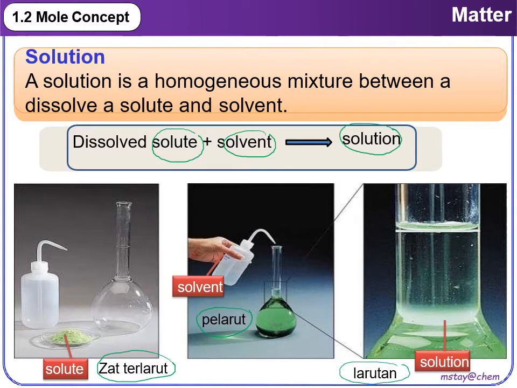For example, the Milo that you drink is the solution, while the Milo powder is the solute and the water is the solvent. So how about solute, solvent, and solution for the Ribena that you drink? Yes, definitely, you are right. The Ribena that you bought from the supermarket is the solute, water is the solvent, and the Ribena that you drink is the solution. So do keep in mind that solute is not necessarily solid.